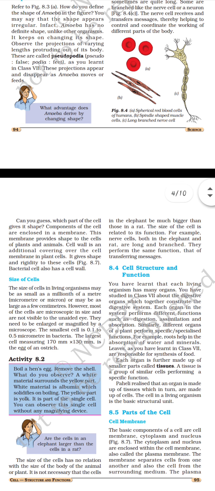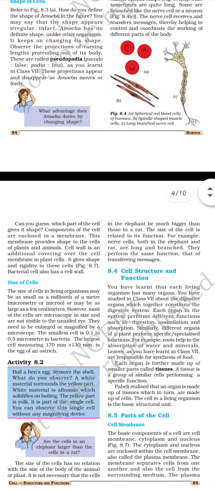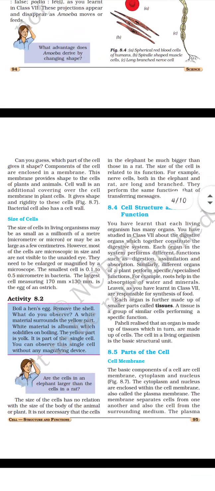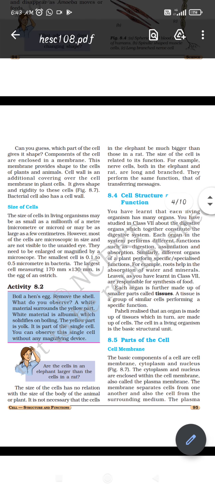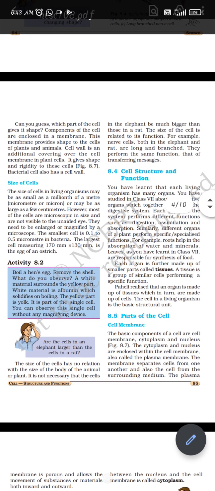So we have seen that the cells vary in their size, shape as well as number. Now we will see how the size also differs. We can say that the size of the cell in living organisms can be very small, because in the human body there are billions of cells present.